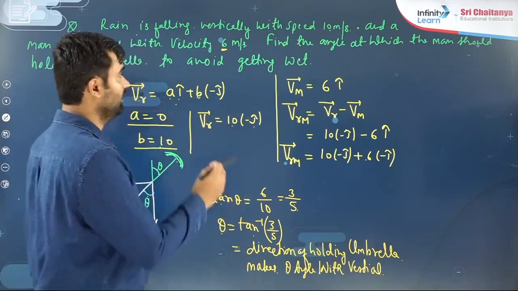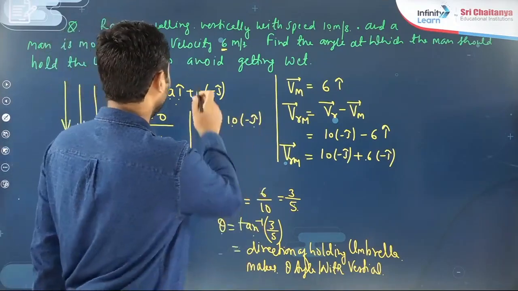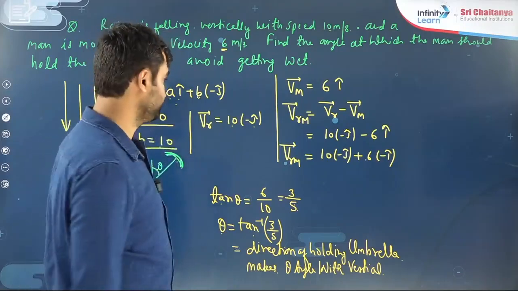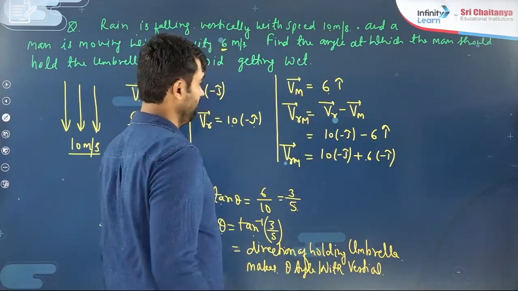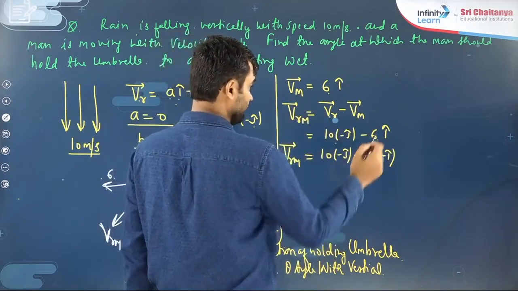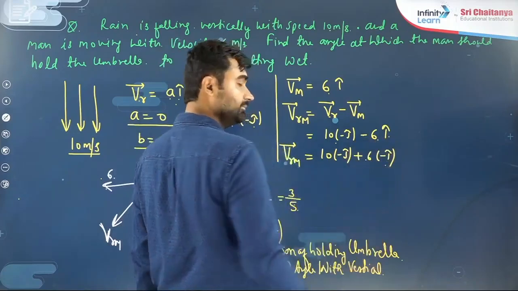Okay. Now what next have they given? That if the person is moving with speed 6 meters per second, then in which direction should he hold the umbrella. So the velocity of the man is given. Now find VRM. VRM is VR minus VM. We calculated it. Write this minus also inside.